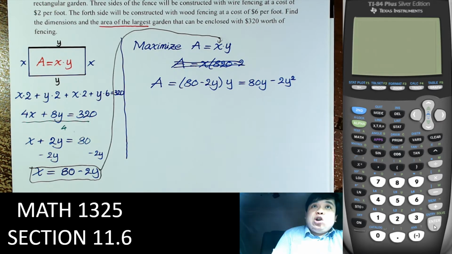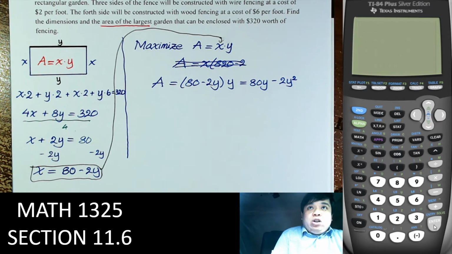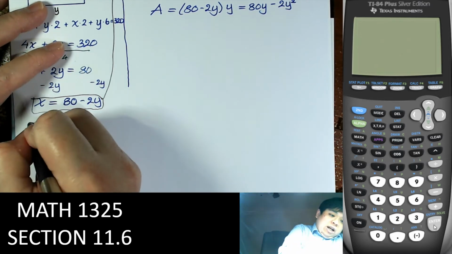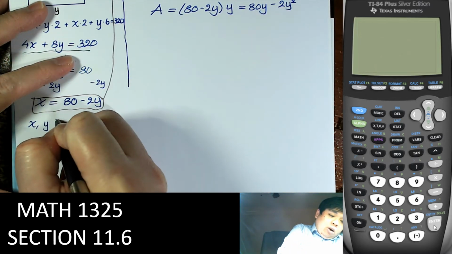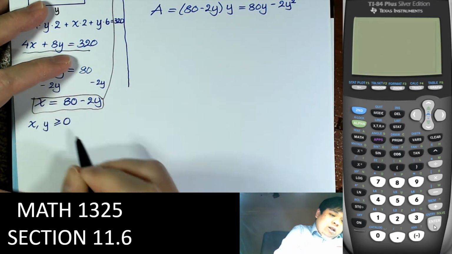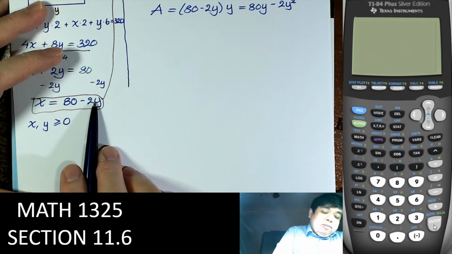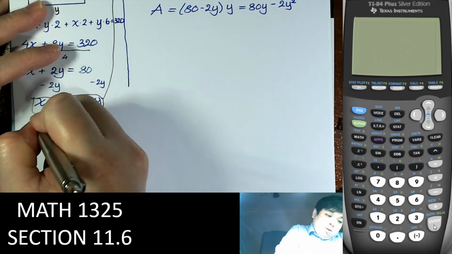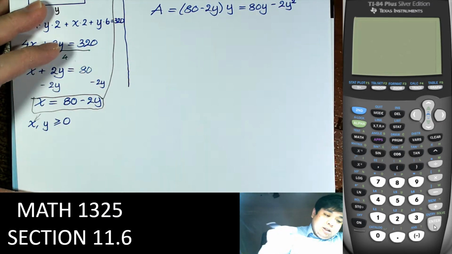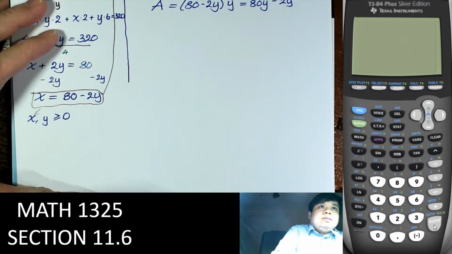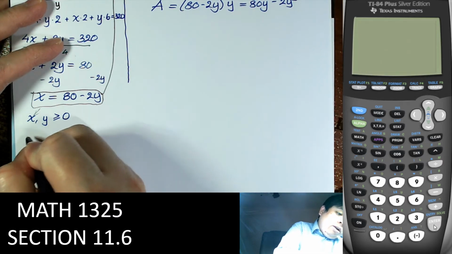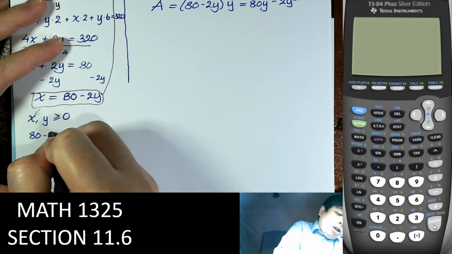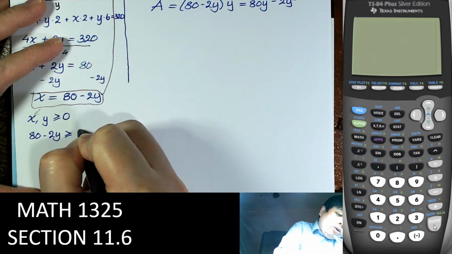Right, so we have the function to be maximized. Now we need to check the condition. Once again, we need x and y greater than or equal to 0. We have the condition for y, so it's good. Just keep it as y, but we will substitute into this x: 80 minus 2y greater than or equal to 0.